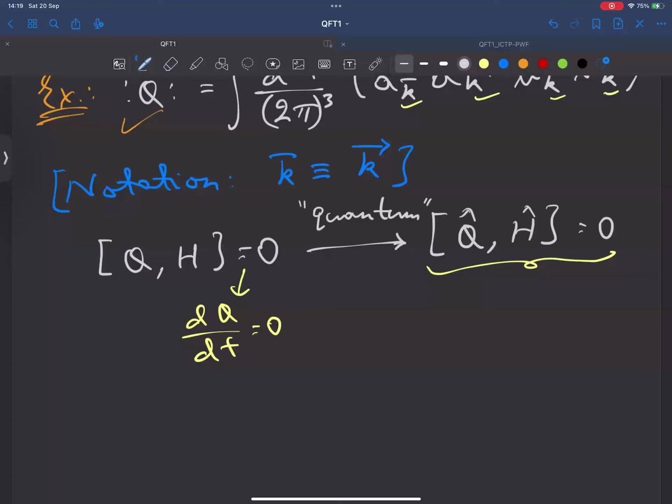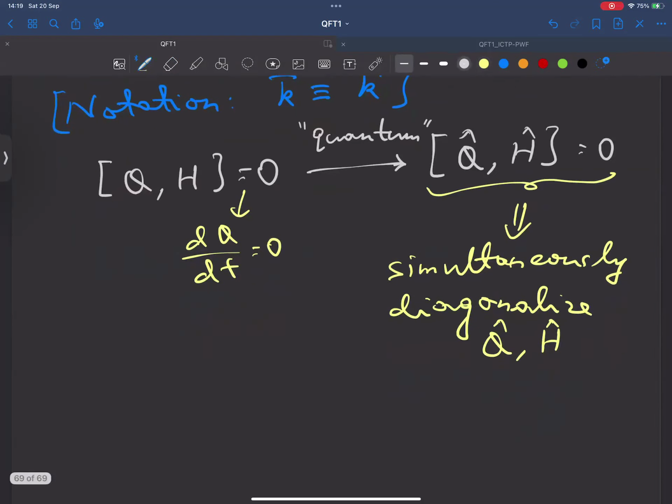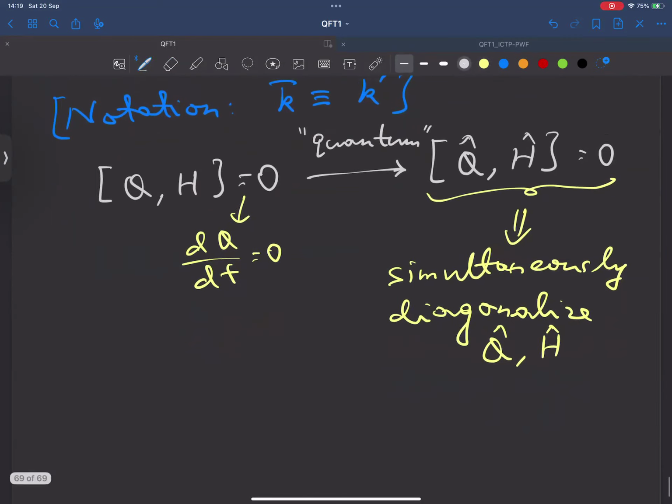Now you can show that this commutes with the Hamiltonian. So this means that you can simultaneously diagonalize, recall from your quantum mechanics knowledge, these Q and H. Okay, so you can find a simultaneous eigenstate for Q and H. Let's say you look at the energy eigenstates, which are eigenstates of the Hamiltonian. So they'll also be the eigenstates for the Q, for the charge operator.